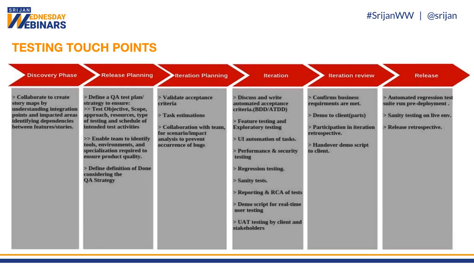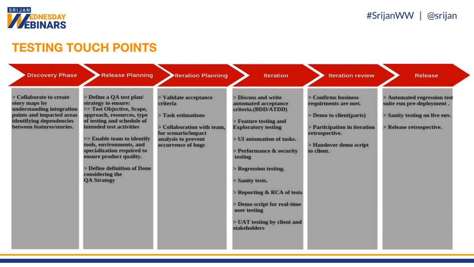Then we started doing these kinds of activities, like collaborating in the team and discussing the scenarios before the actual development starts. And in 2-3 sprints, we were able to reduce the number of bugs to less than 10, which was a big achievement. So we started doing this in other projects as well, and we have seen good results out of that.